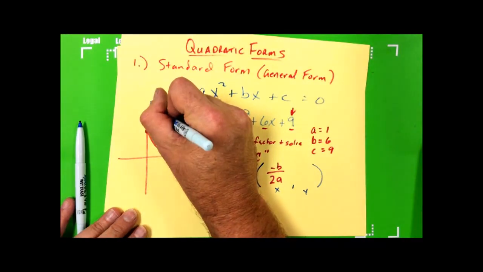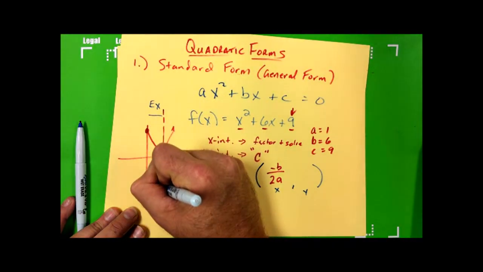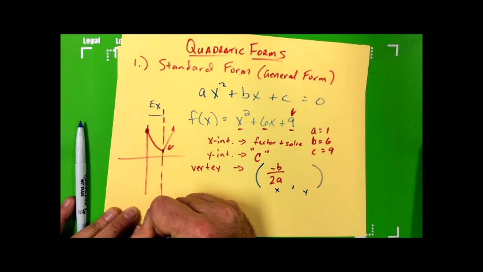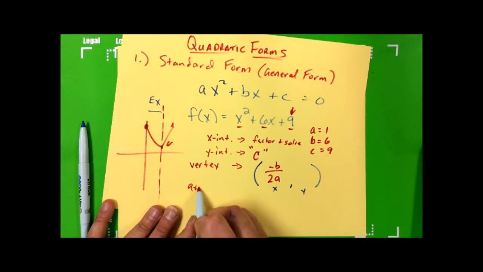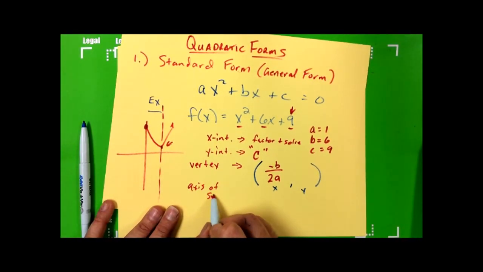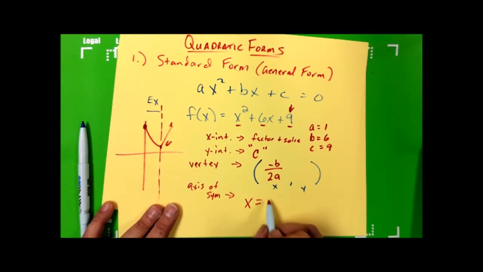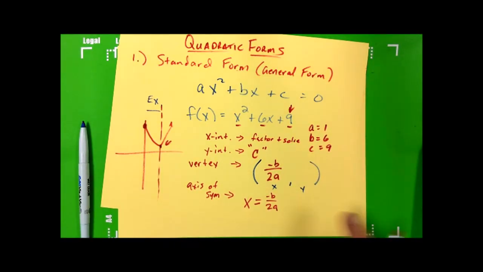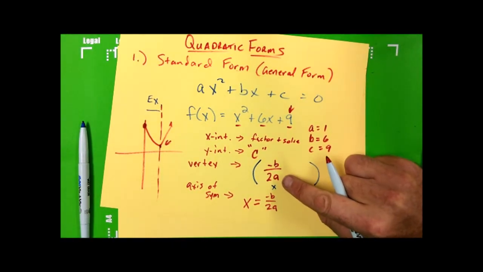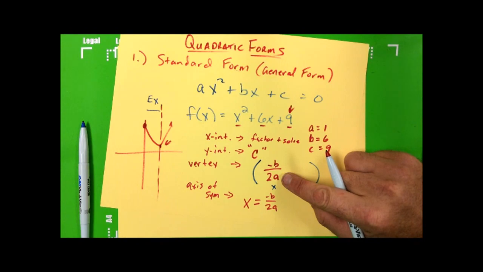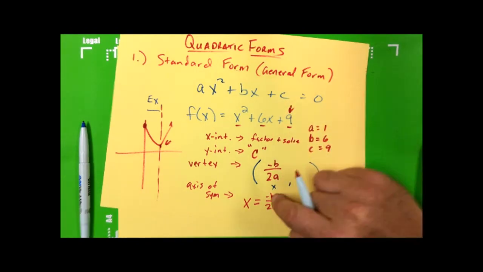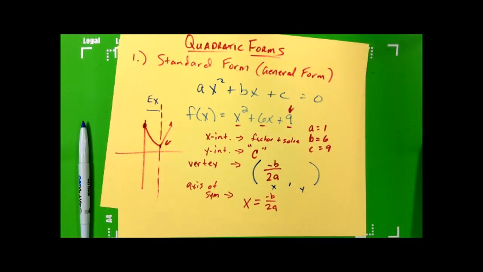Incidentally, we know also that these things have an axis of symmetry, don't we? And if I were to ask for the axis of symmetry, you have to give me X equals negative B over 2A. They're always the same. The axis of symmetry always goes to the X value of the vertex in a quadratic function.